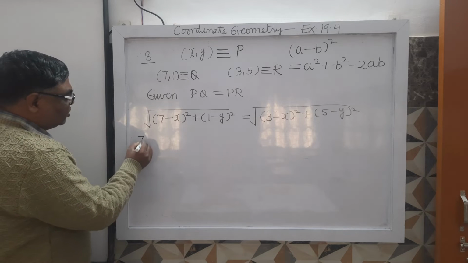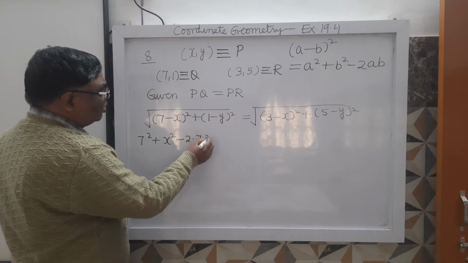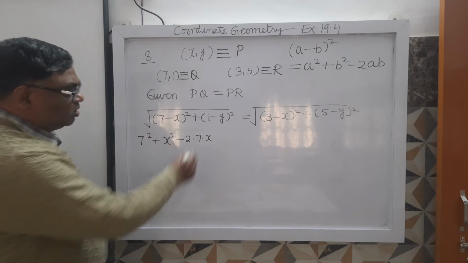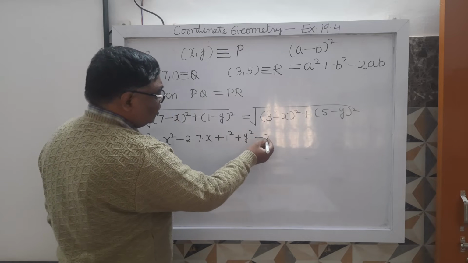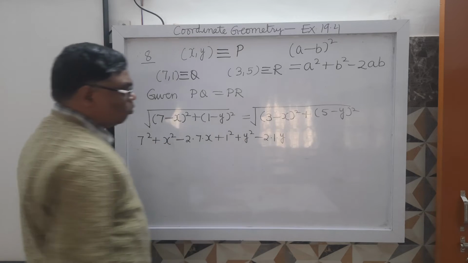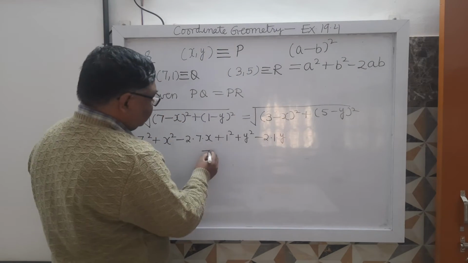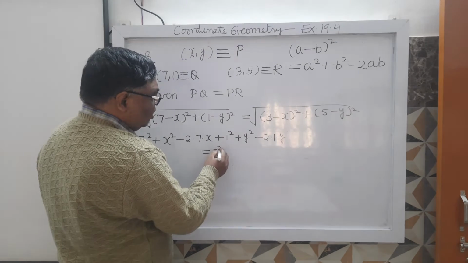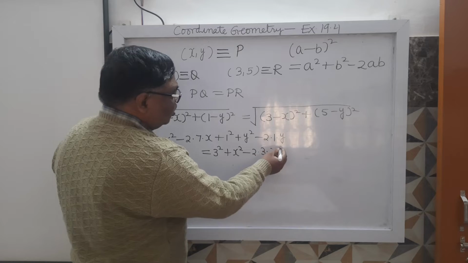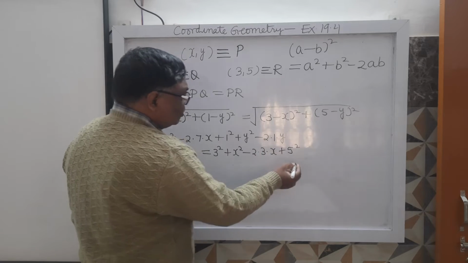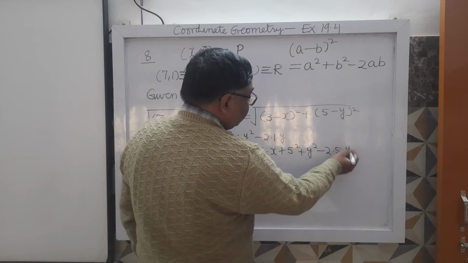So it is 7 square plus x square minus 2 into 7 into x. Similarly here 1 square plus y square minus 2 into 1 into y. It's clear? Then here you can see this is 3 square plus x square minus 2 into 3 into x plus 5 square plus y square minus 2 into 5 into y.